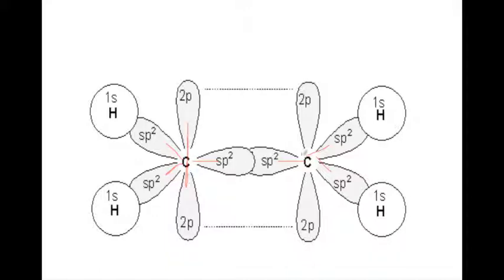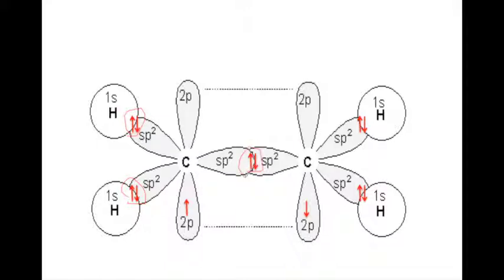This is 1 2p orbital, and this is 1 2p orbital, and those are perpendicular to those trigonal planar orbitals. So each of our hybrid orbitals has 1 unpaired electron, even the 2p has 1, and then our hydrogens have 1 unpaired. So we have our electron pairs here, forming our covalent bonds between the carbons and the hydrogens and the 2 carbons.